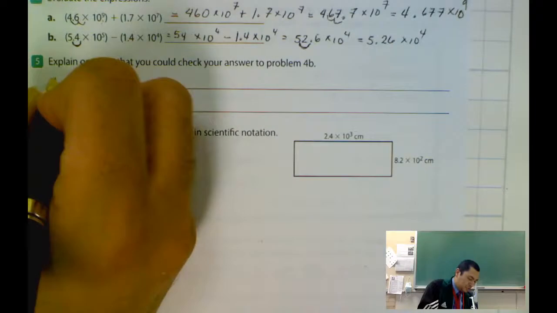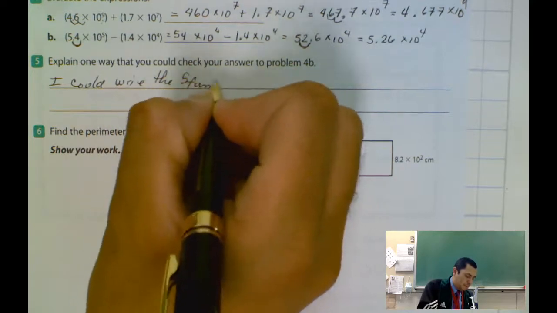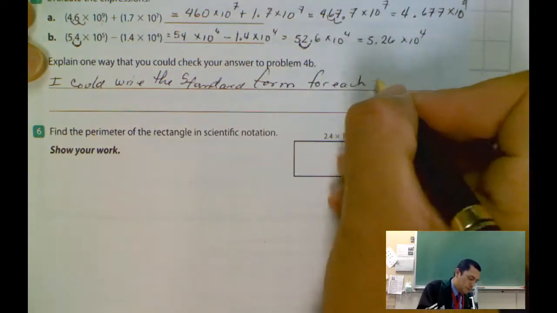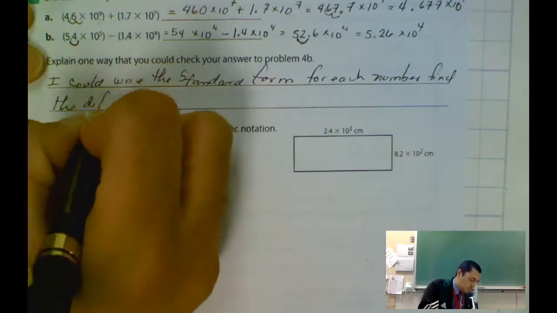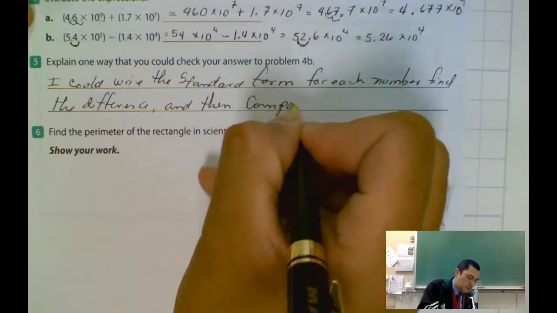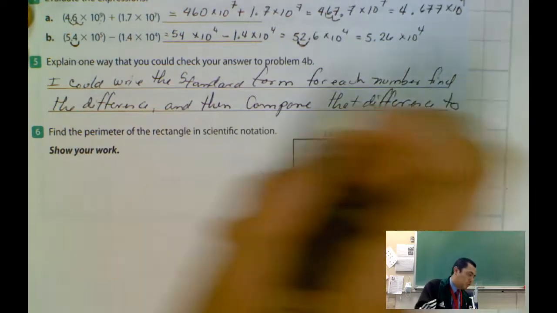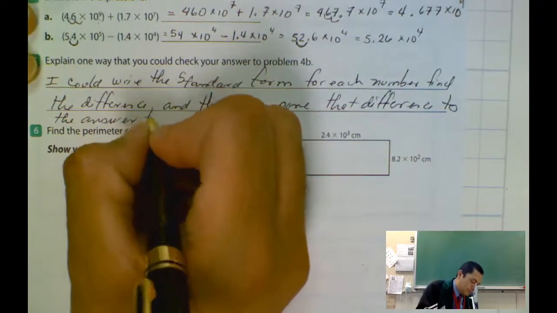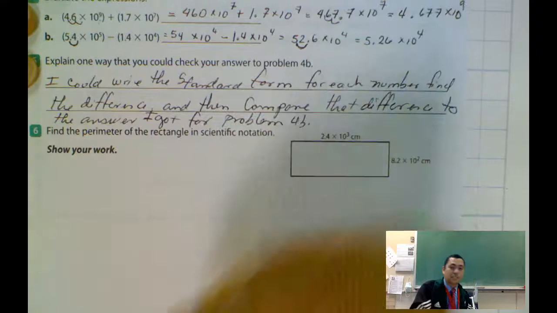I could write the standard form for each number, find the difference, and then compare that difference to the answer I got for problem 4b. In this case, I choose problem 4b.